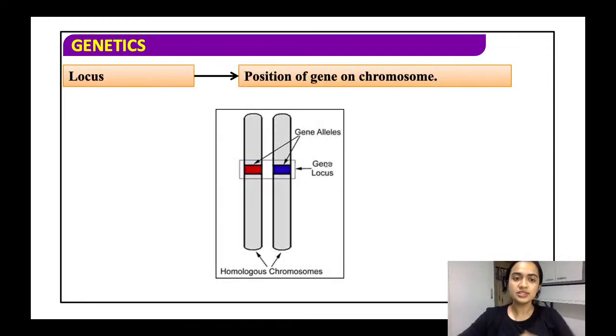Now, what is termed as the locus, the position of the gene on the chromosome?